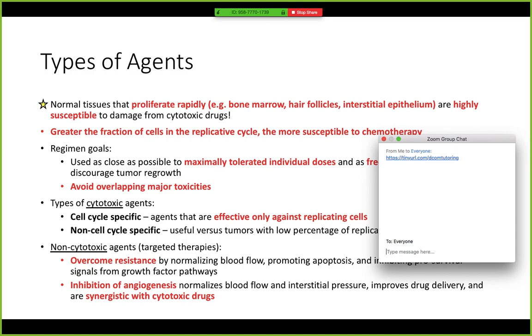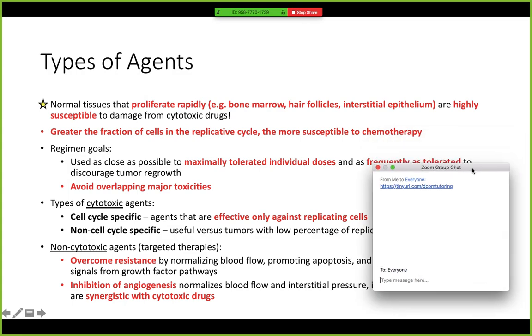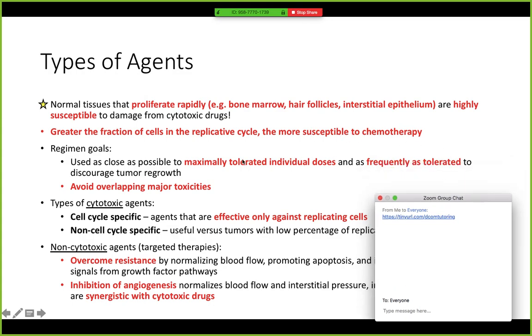Okay, so I combined some main points from several slides into one. Another important point that she made is that if you have a greater fraction of cells in the replicative cycle, they're going to be more susceptible to chemotherapy. And then your regimen goals, which I think some of this is common sense.